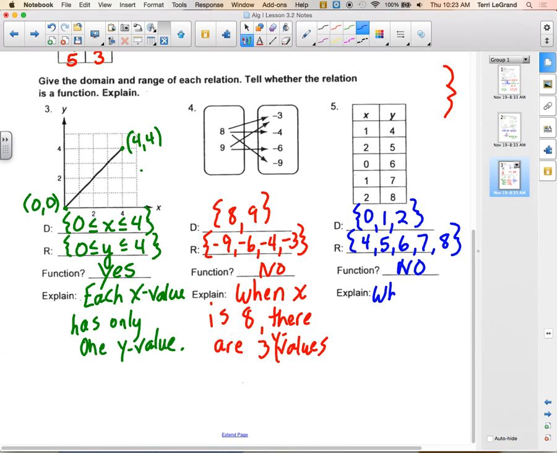I'm not going to make you write the word different, but that's really what it is: 2 different y values. Okay, this, along with the SQ3R that you did, should help you hopefully be successful in this lesson.